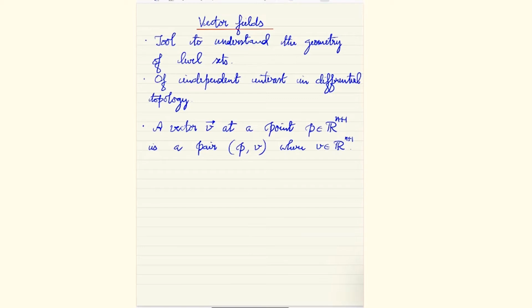So maybe I write this in brackets. Think of the vector v as the translate, and this is the crucial bit, maybe parallel you can write, because the direction is still given by the element v in R^(n+1), as the translate of the usual vector starting at 0.